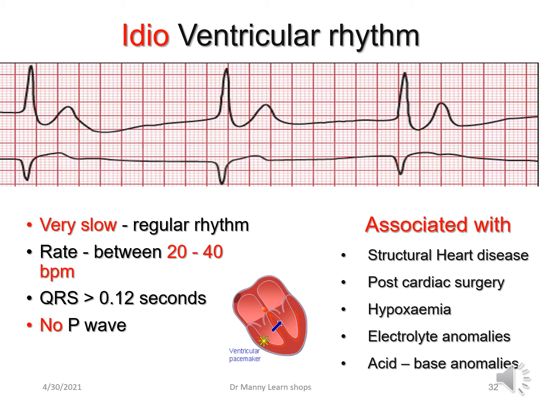The QRS complex is typically wide, wider than 0.12 seconds, and there's no P wave. As I said, this could be associated with structural heart disease, acquired heart disease because you're getting older, cardiac surgery, severe hypoxemia, electrolyte anomalies, and acid-base disturbances.